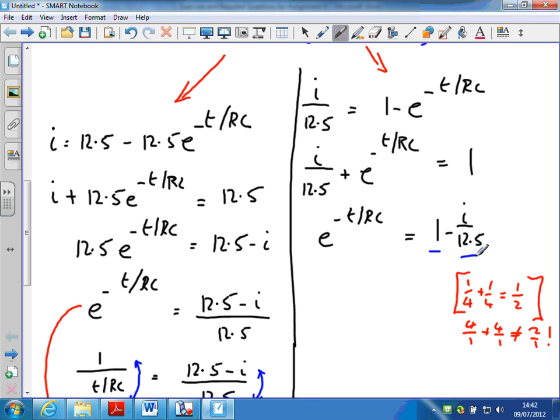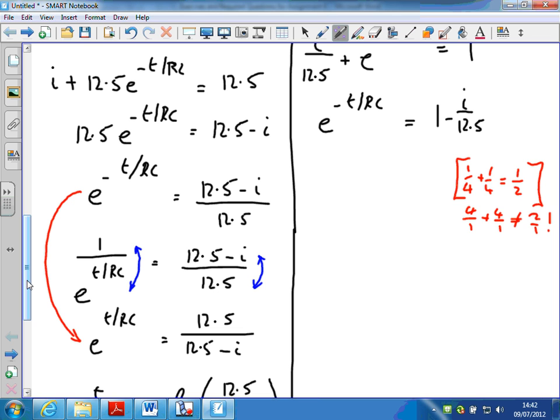So what I need to do is to make the denominator the same on this right hand side. So there's a bit of an algebraic trick at this point. We need to say that e to the minus t over RC equals 1 minus I over 12.5, and I call 1 the same as 12.5 over 12.5 so that the denominators are the same.